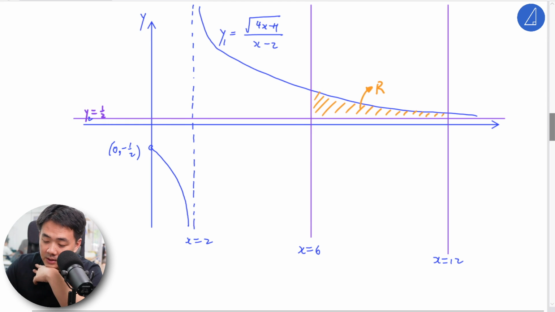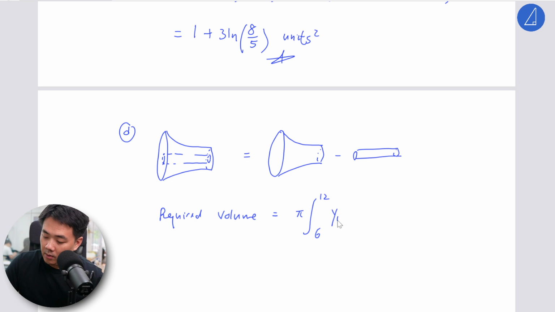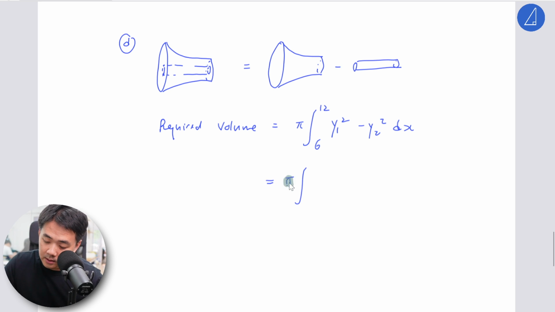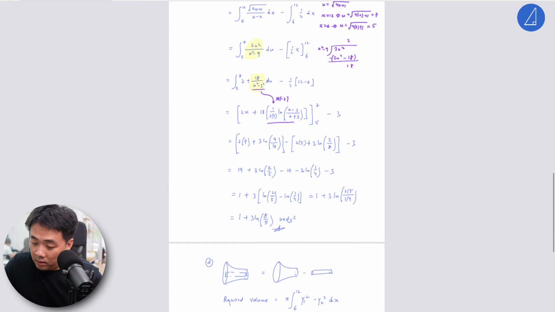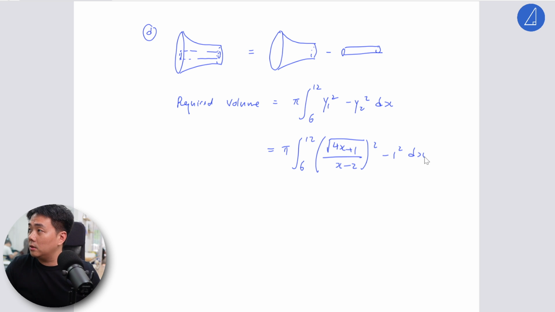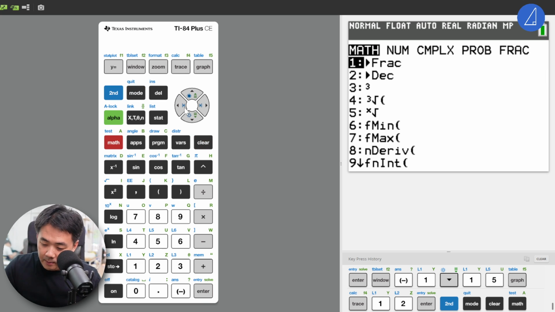What we need to do is just take y1 square minus y2 square dx. Rotating about the x-axis is dx, so pi, 6 to 12, then you just square the entire thing. Just key in the calculator to get the answer. Don't integrate. A lot of times you're going to waste time if they never ask for an exact number.